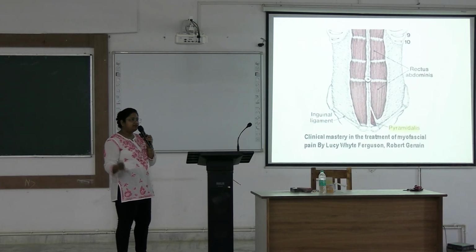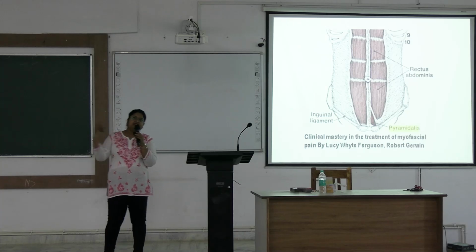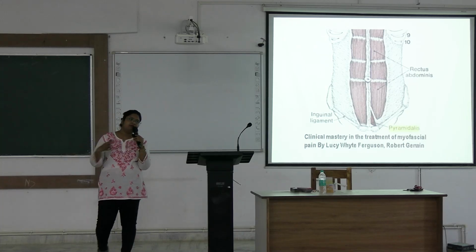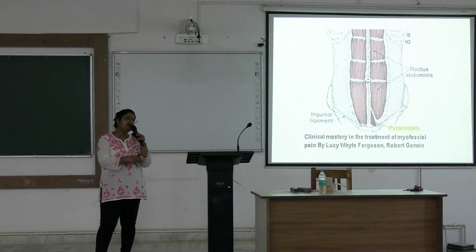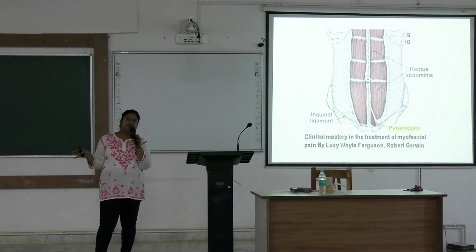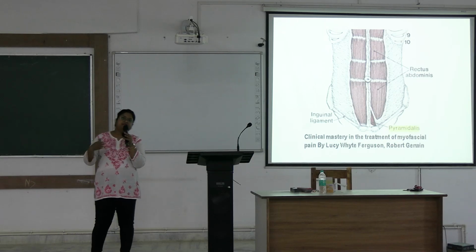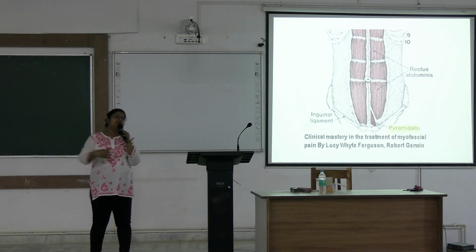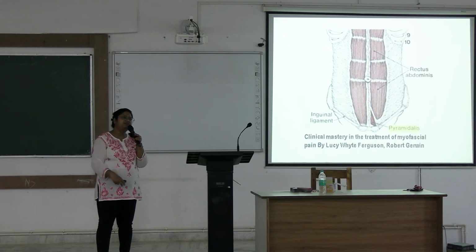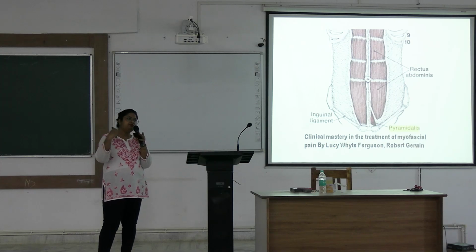Another thing is divarication of rectus. During pregnancy, there is stretching of all the abdominal muscles, and the rectus abdominis of the two sides are pushed away from each other. After the delivery of the baby, the patient recovers, but the recti sometimes cannot oppose. Then you have to suture the gap between the two rectus abdominis.